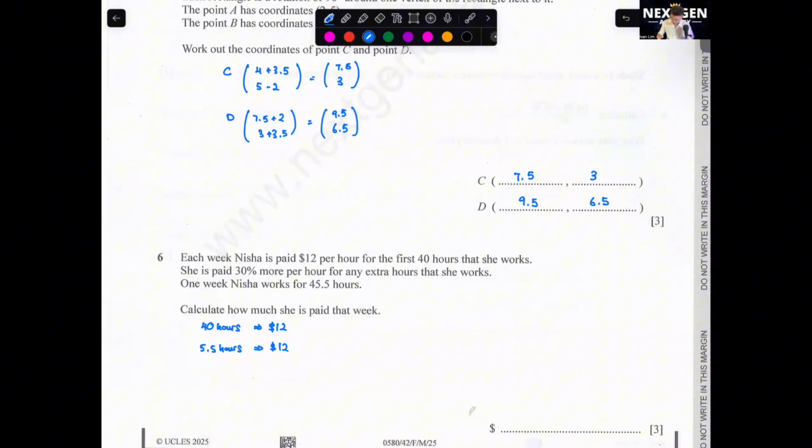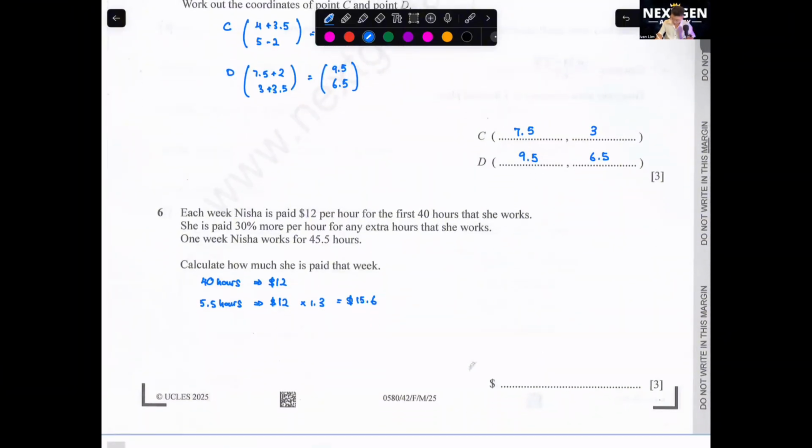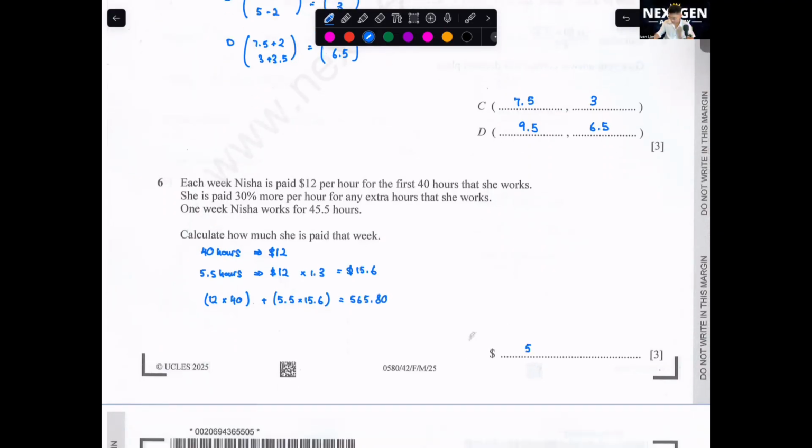It means 12 times 1.3, which is equal to 15.6. Total will be 12 multiplied by 40 plus 5.5 multiplied by 15.6. We will get 565.8. Let's write the 0 behind since this is money, 565.80.